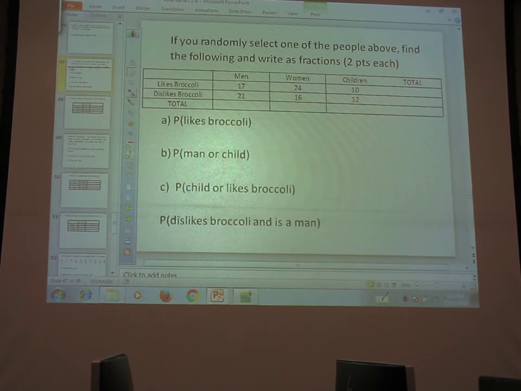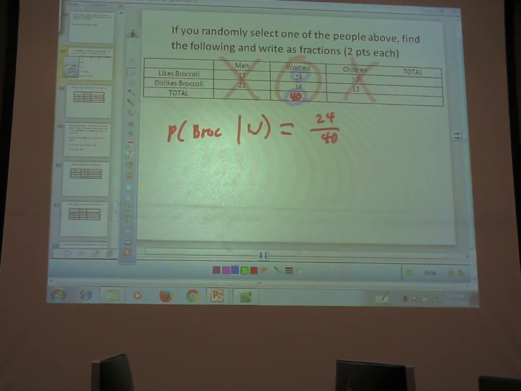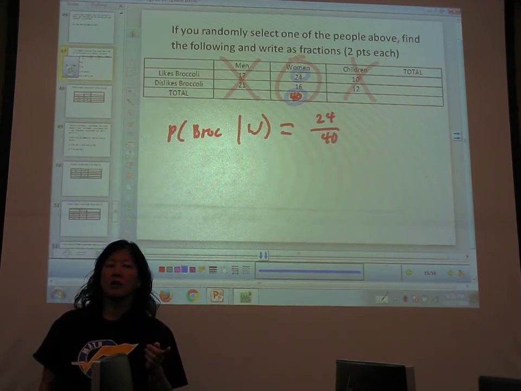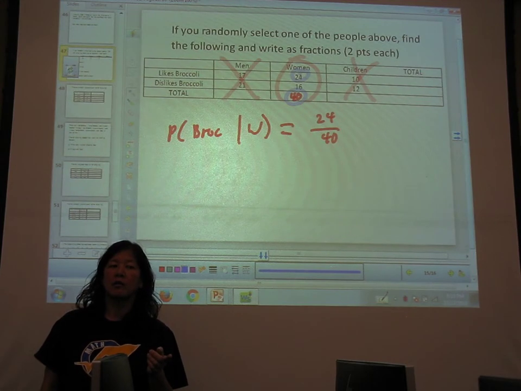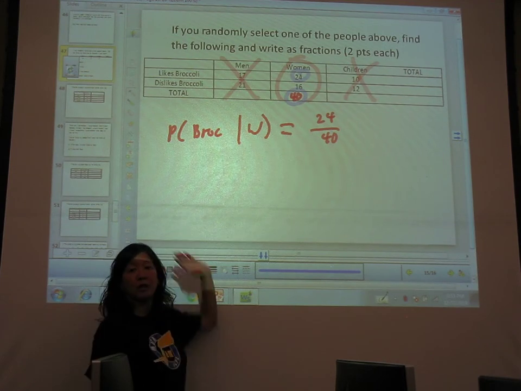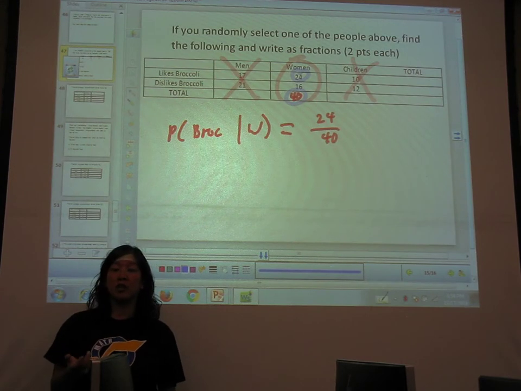And the last one is, are broccoli and women independent? Independent, we learned in chapter 11, is the same thing as probability of E given A equals probability of E. So probability of broccoli given women is the same as probability of just broccoli. The proportions are equal. That's our test for independence in chapter 11.